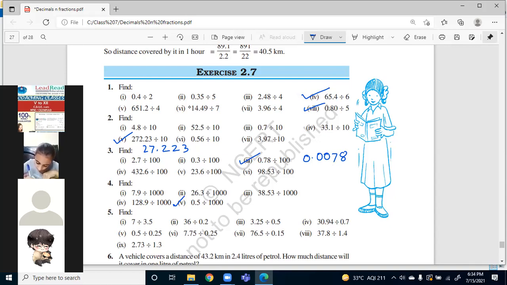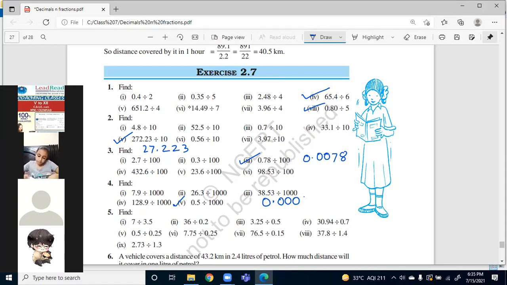Done, ma'am. Okay, I am waiting for Rakshita's reply. I want her to answer. Okay, Garima, do tell me. Ma'am, 0.3 times 0, then 5.